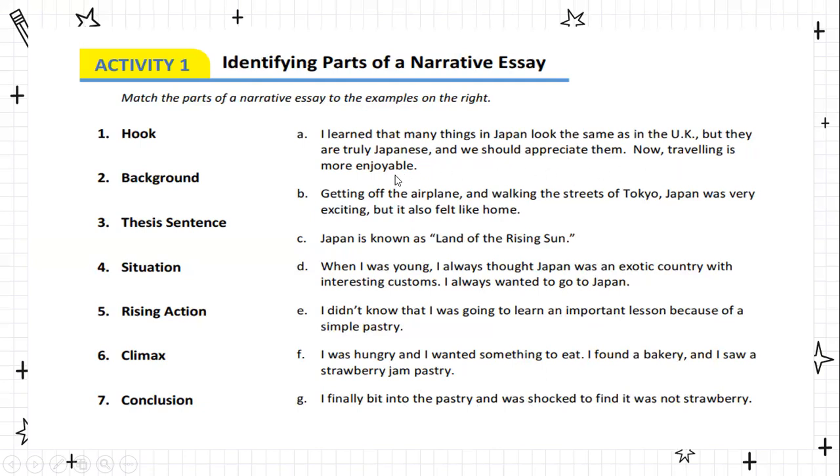Now traveling is more enjoyable." Then "I finally bit into the pastry and was shocked to find it was not strawberry." So that's the climax, okay? And the conclusion, what have we learned? "I learned that many things in Japan look the same as in the UK," okay?